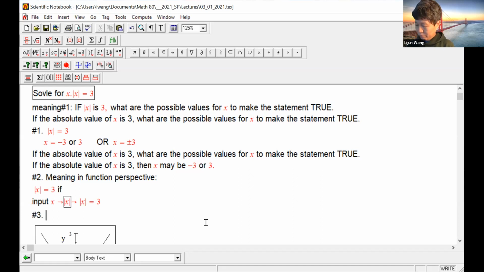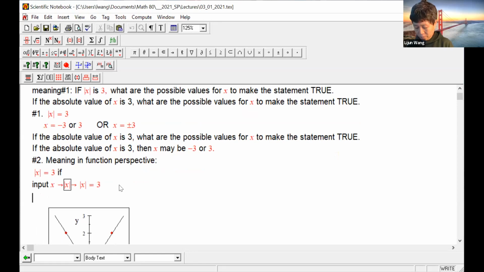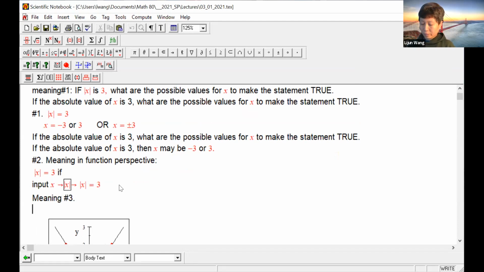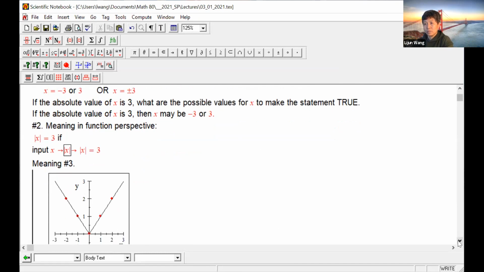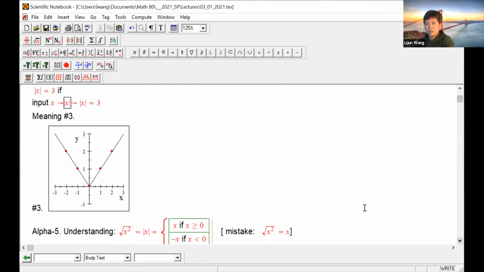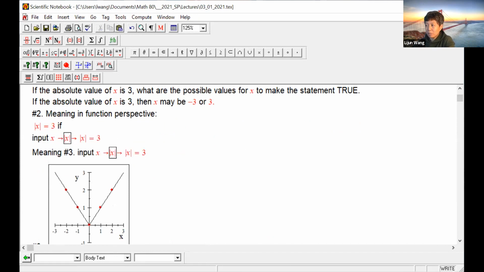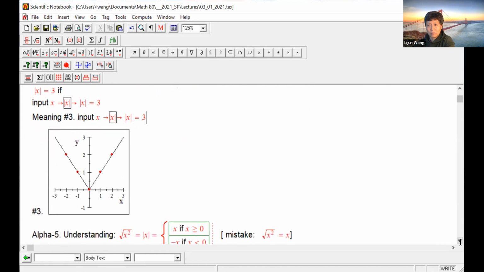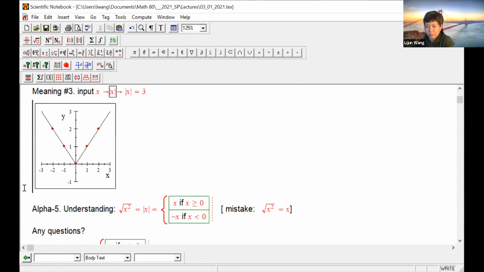Meaning number 3: the graph. The graph is about input and output, isn't it?